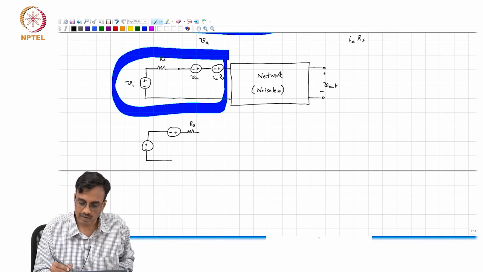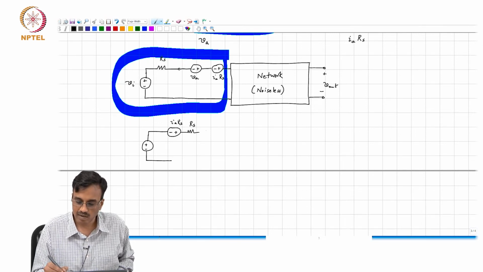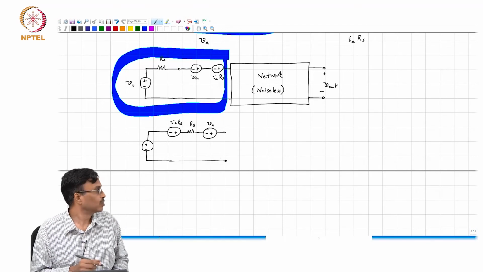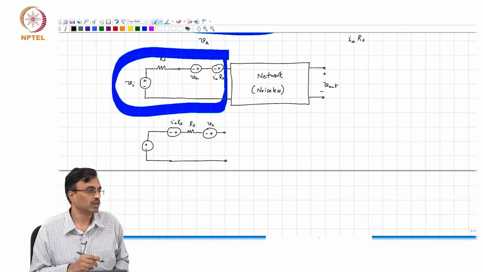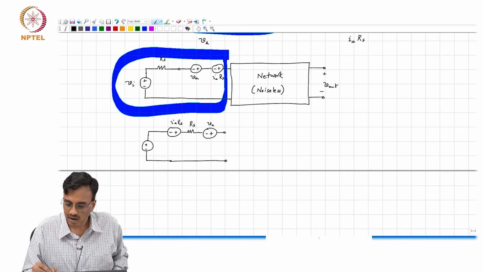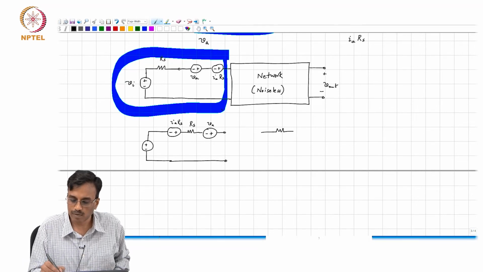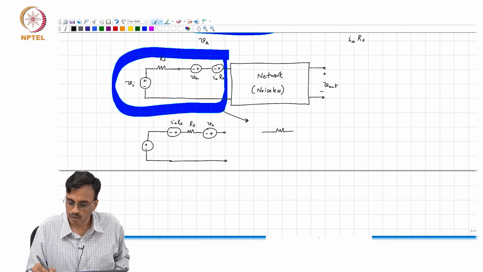So, if I make this IA times RS and then VA, then you recognize that you can do a Norton to Thevenin transformation there, and you see that you can get the same Thevenin equivalent for this box if you did this.